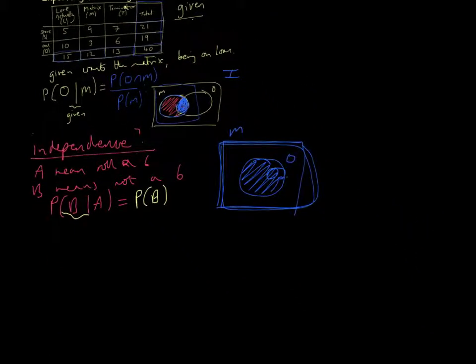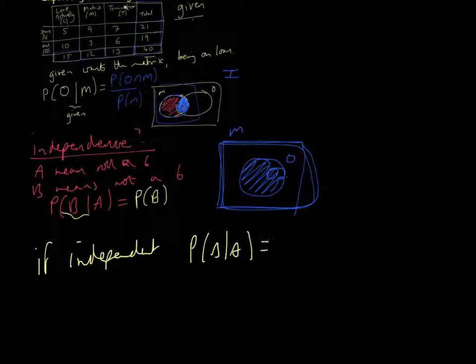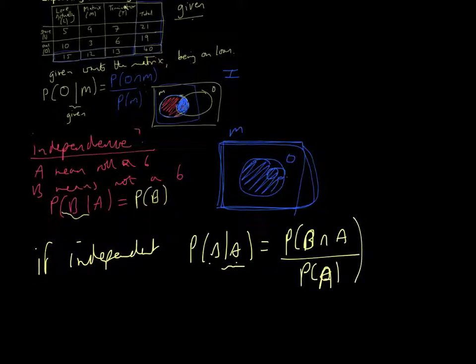Well, we're saying if independent, the probability of B given A is still the same as probability of B intersection A. So notice that given notation is always this thing intersection this thing over the thing on the right hand side. So we've still got this, but we're saying that this is equal to the probability of B because it doesn't matter that A has happened before. It has no bearing on this, and this is really useful for problem solving.